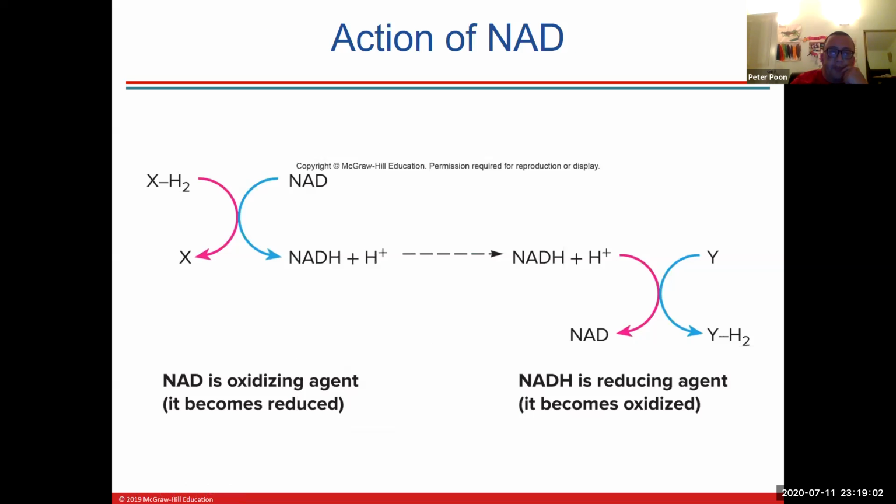So you take something and reduce NAD to NADH. NADH will then oxidize something else, or NADH will oxidize and reduce something else.